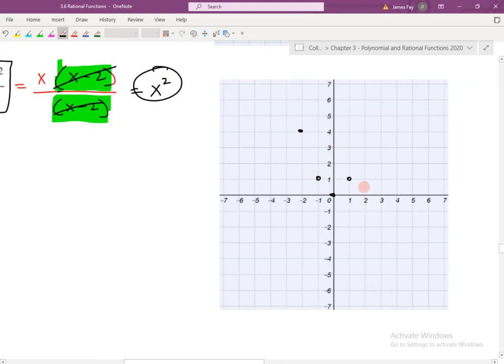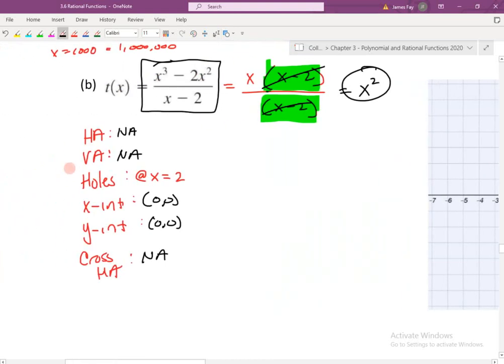Okay, now when I get to 2, 4, think about this. We had a hole at x equals 2, right? That function that we started with and x squared are the same at every single point except for 1. The one where they're different is when x is 2. That's the hole here. Does that make sense?